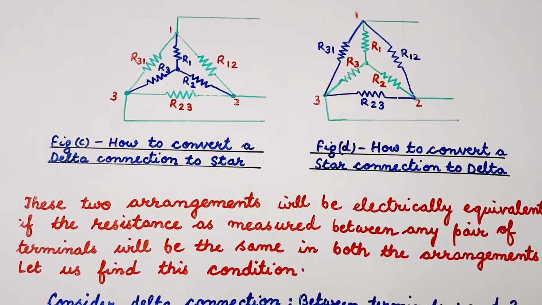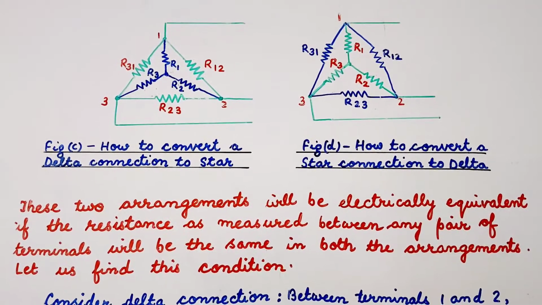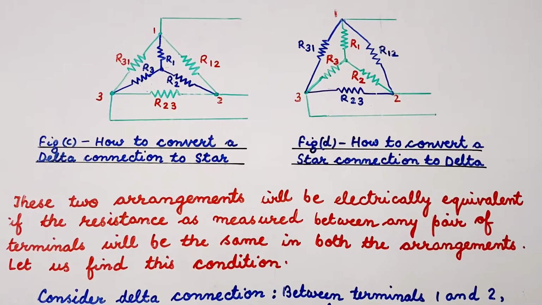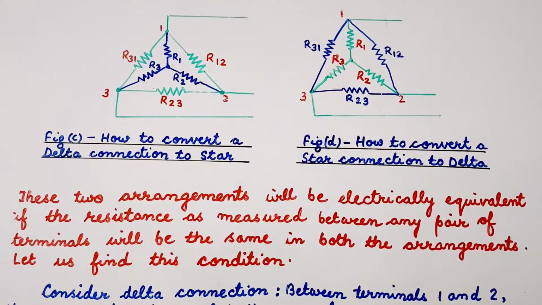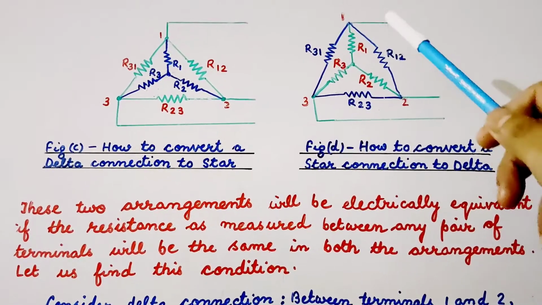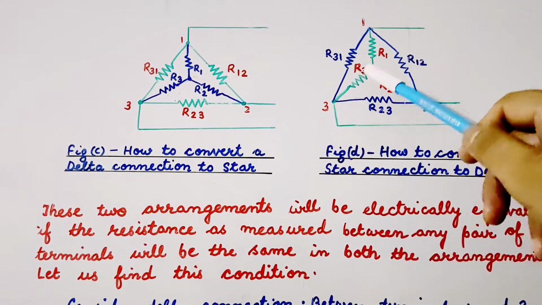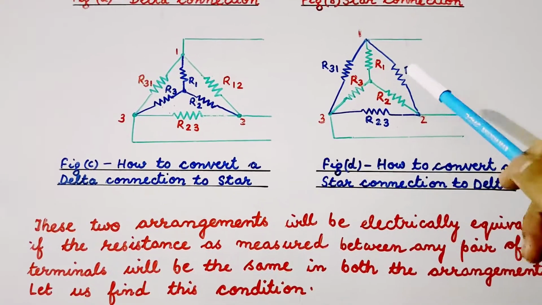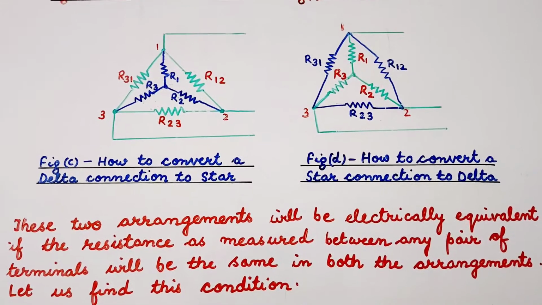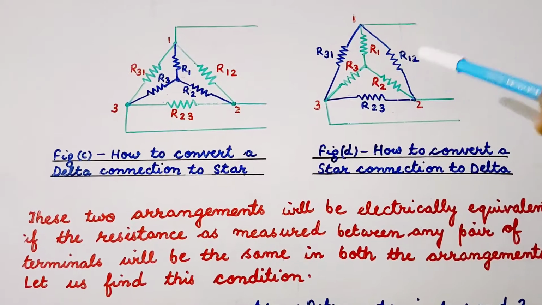In this lecture we will be discussing how to convert a star connection to delta connection. That is, we are already given the circuit in which the resistances are connected in star, and we want to convert the star into delta.